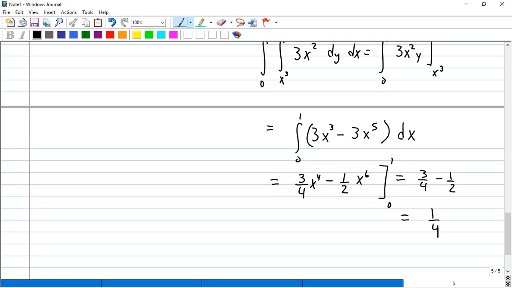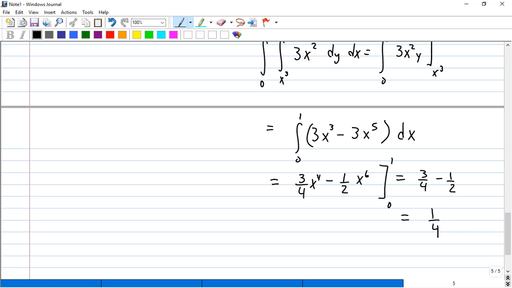Now, Green's theorem doesn't work with every line integral. Why is that? Because of all those restrictions, right? It has to be connected. It has to be simple, meaning the lines will not go over themselves. It has to be counterclockwise.